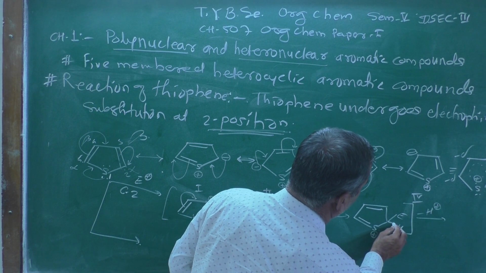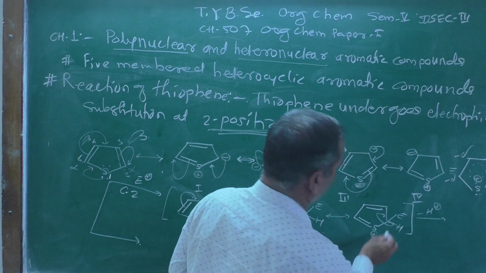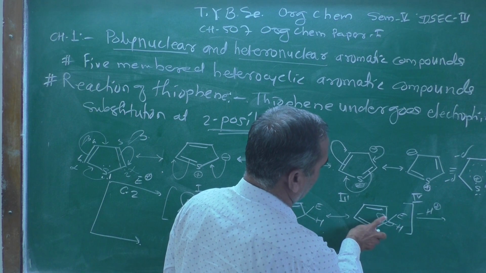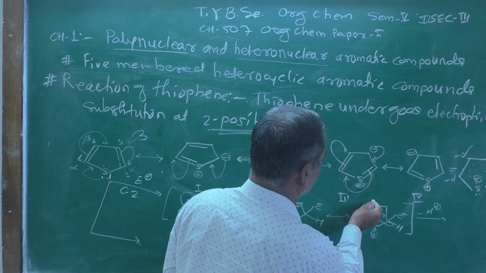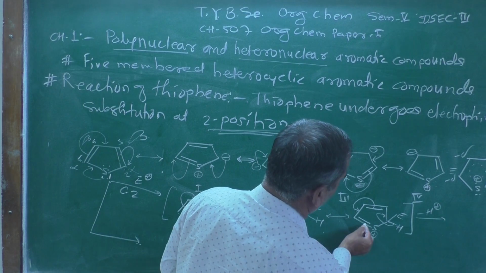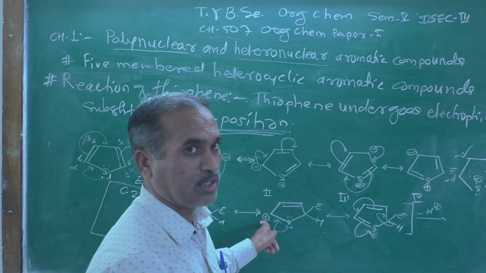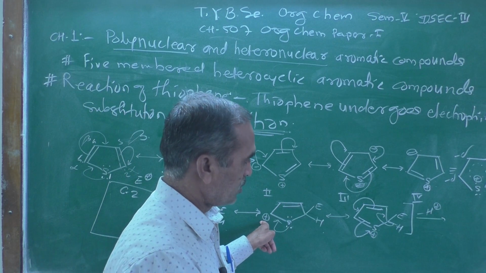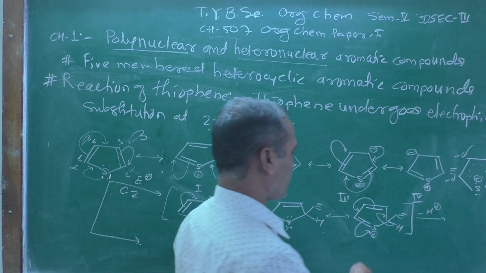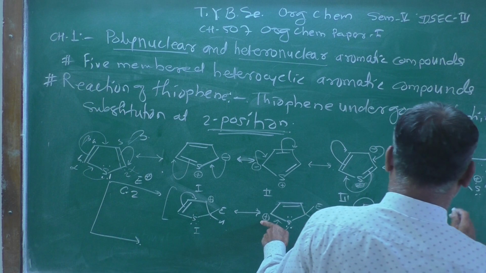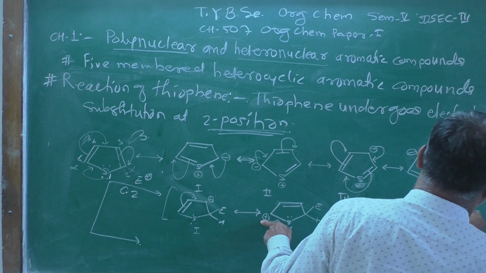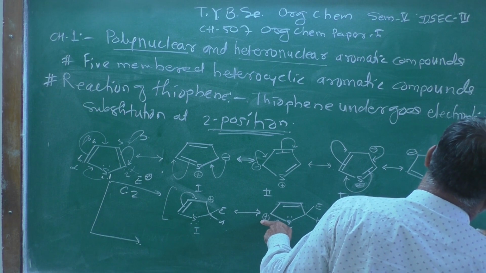This double bond shifts from here to here, and this double bond neutralizing means that lone pair comes on that heteroatom, and after that we are going to get the structure.